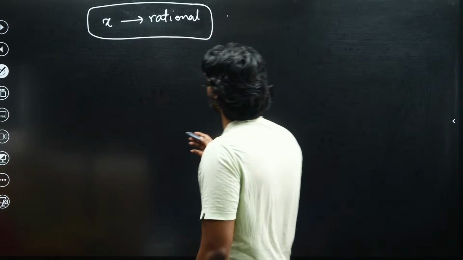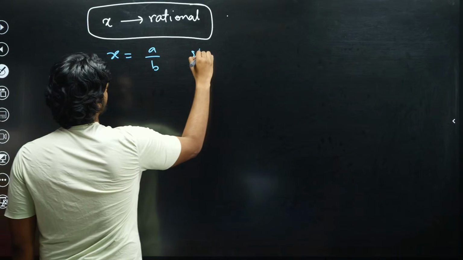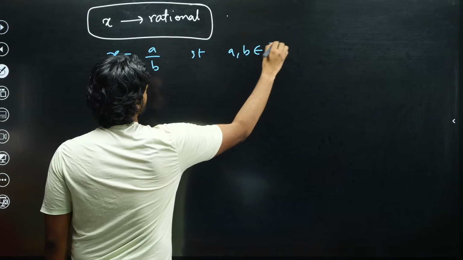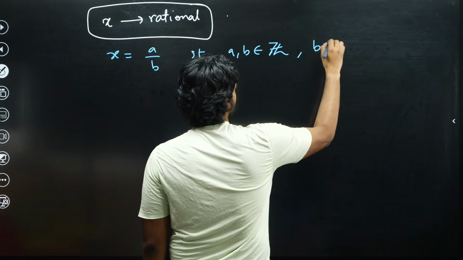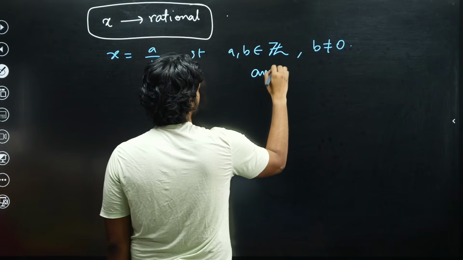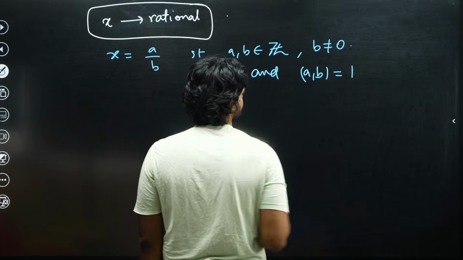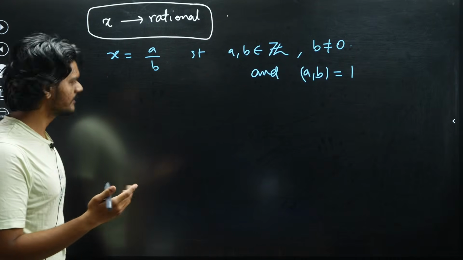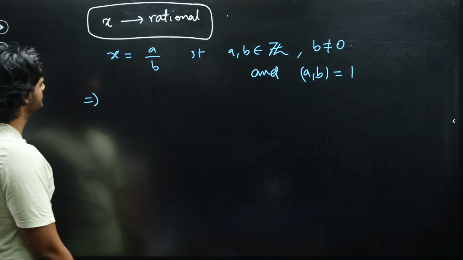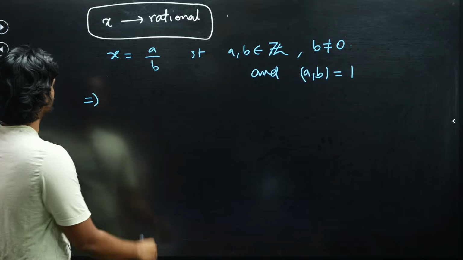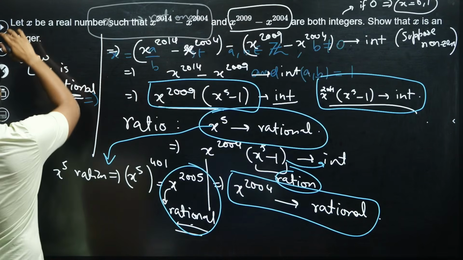The moment x is rational, I can take x equal to a by b such that a comma b belong to Z, the set of integers, b is non-zero, and the GCD of a comma b is 1, they are co-prime. Alright. Suppose I take one of these as integers, 2009 minus 2004.